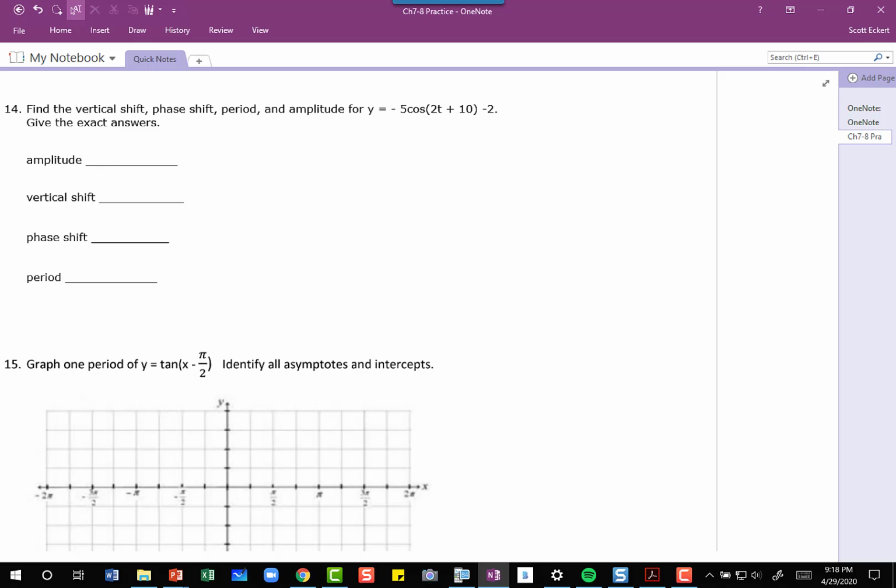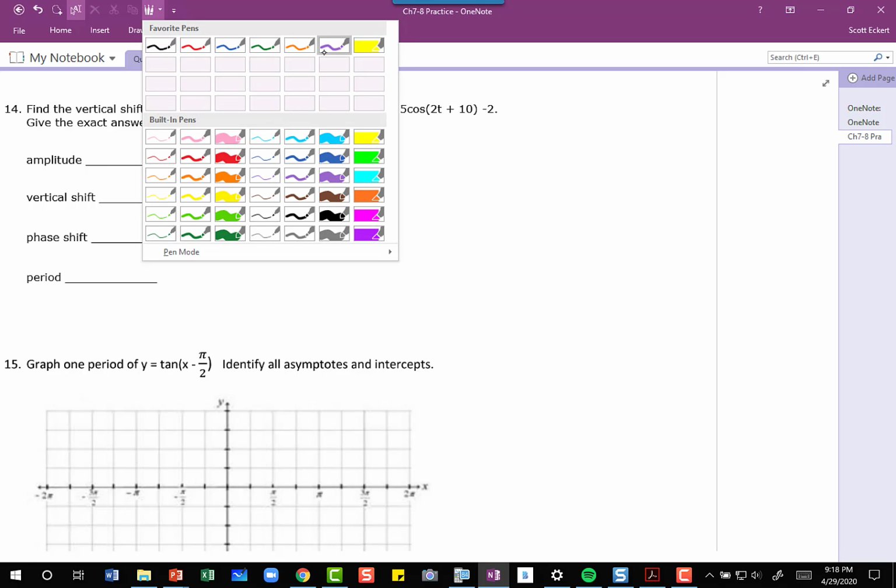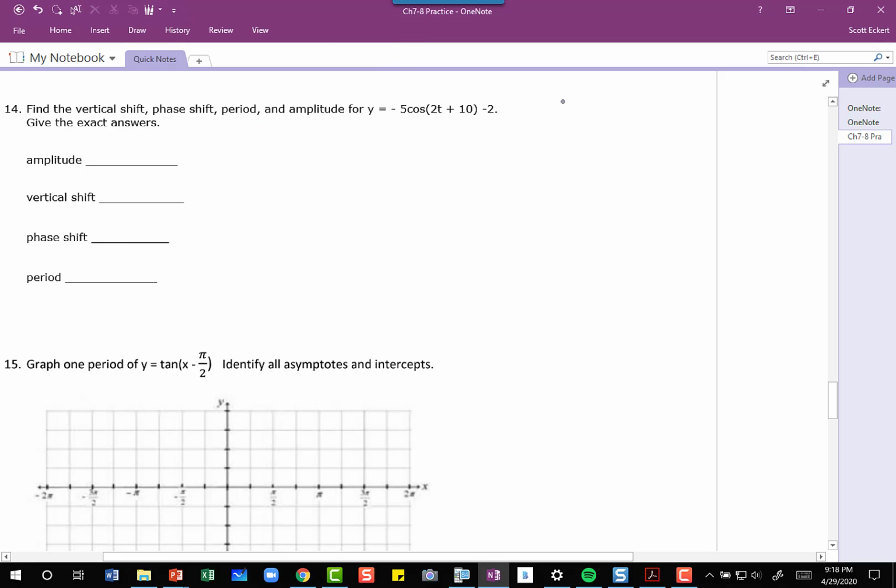And so let's start here with, we've got a equals -5, b equals 2, c equals 10, d equals -2.